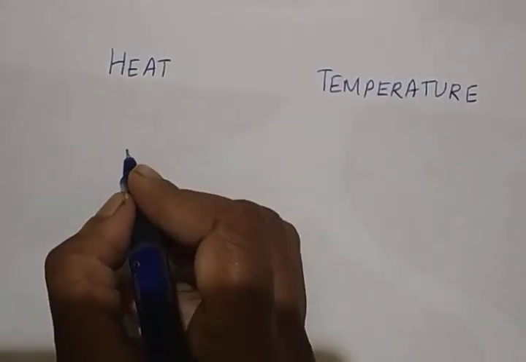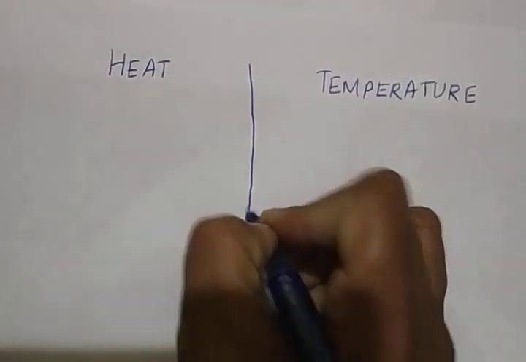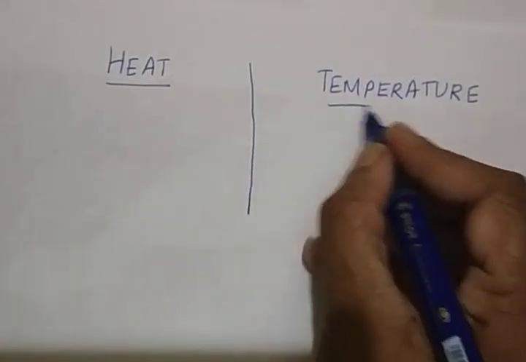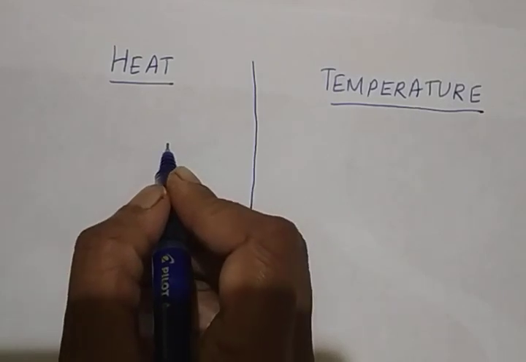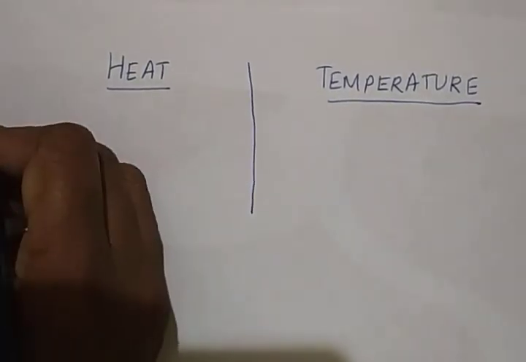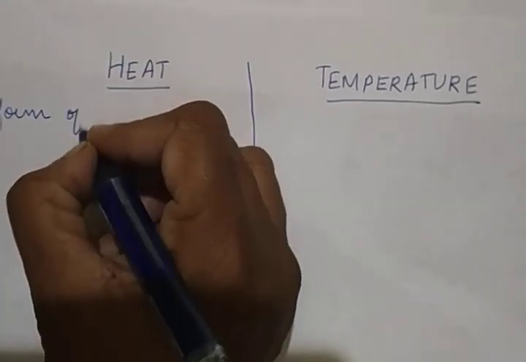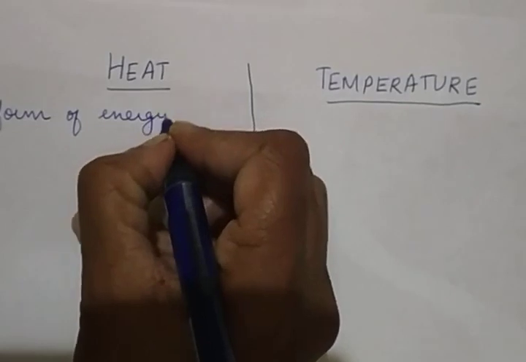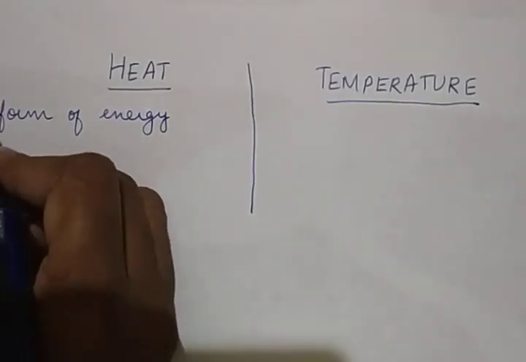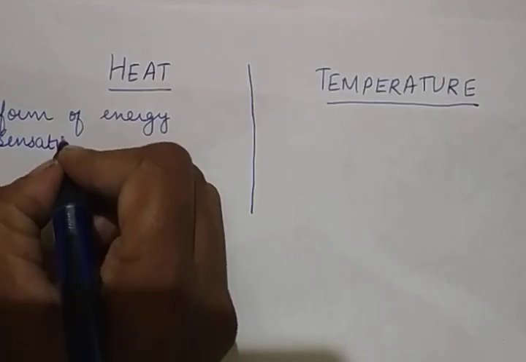They look like the same, but they are different. Basically, according to physics, they are different quantities. In what way are they different? Heat is a form of energy. When I say heat, it's a form of energy that causes sensation of hotness or coldness.